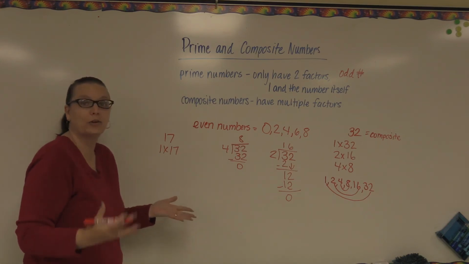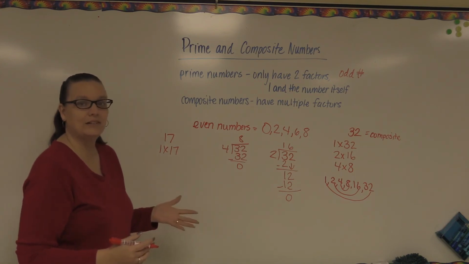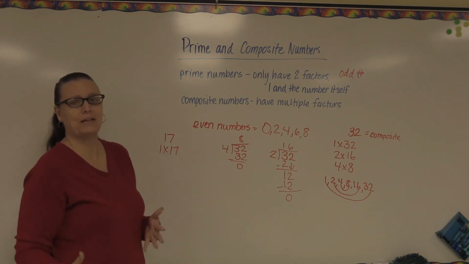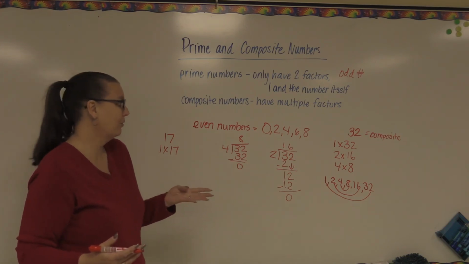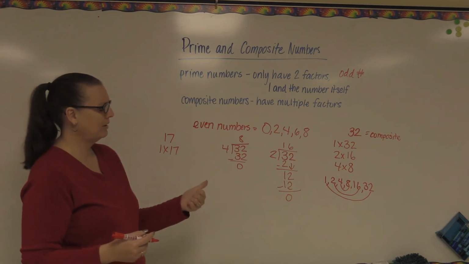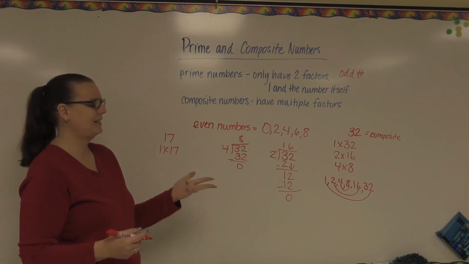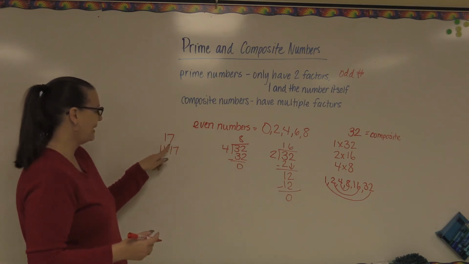Let's try our trick for 3's. We have to add up the digits. 1 plus 7 is 8. 8 can't be divided by 3 evenly, so it's not divisible by 3. Let's try 4. Let's count by 4's. Let's do multiples of 4. 4, 8, 12, 16, 20. Not by 4. How about by 5?